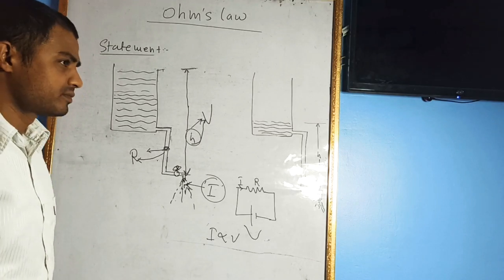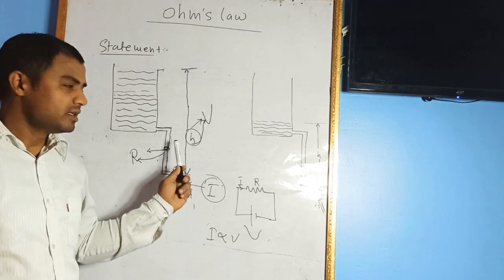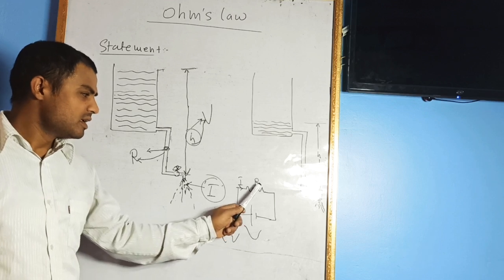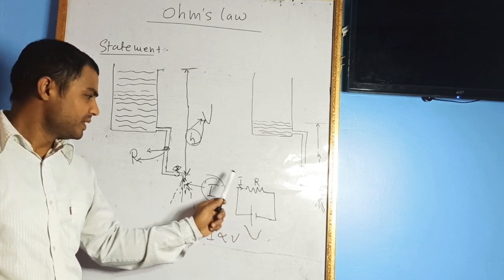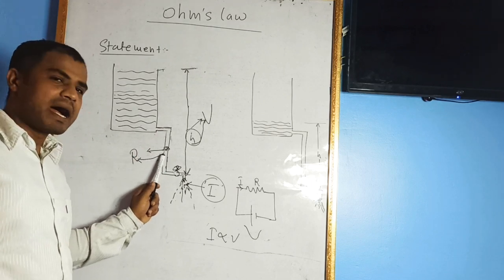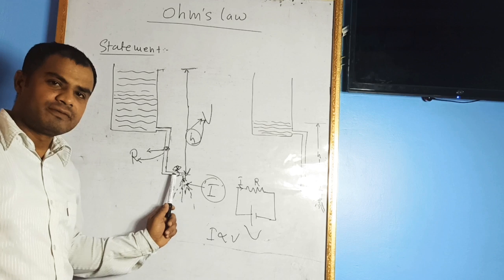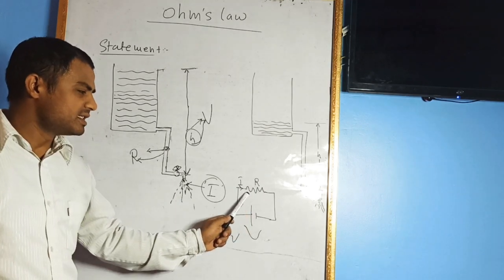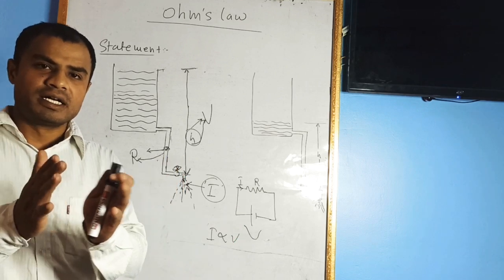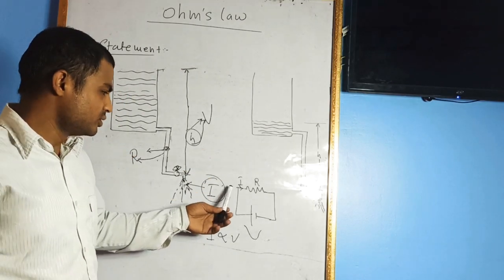Look at here, as the higher head provides high flow of water, similarly higher potential provides a high value of current. And as the thickness of the pipe increases the flow of water, similarly if we decrease the value of resistance, that increases the flow of current through the circuit.